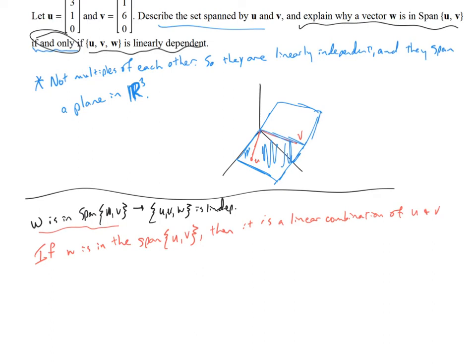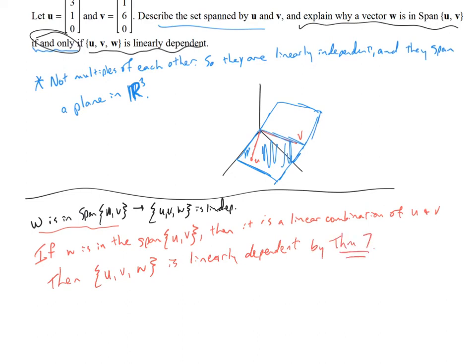Now we can say then the set u, v, w is linearly dependent, by Theorem 7.